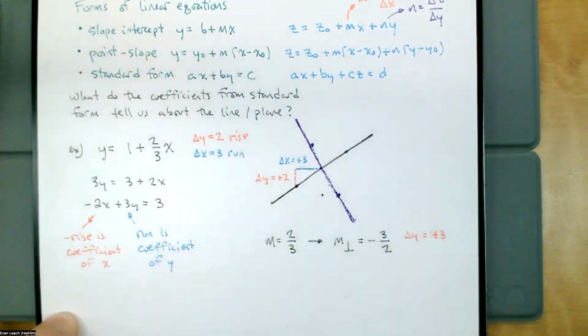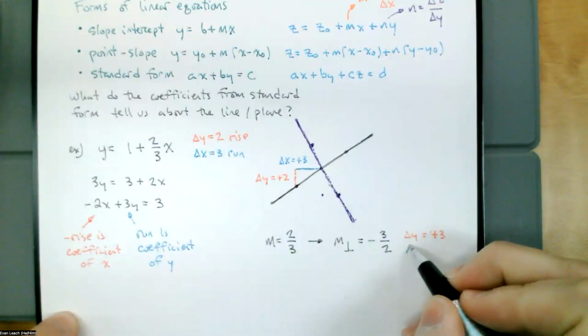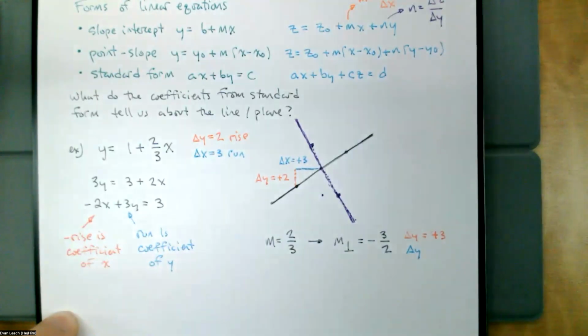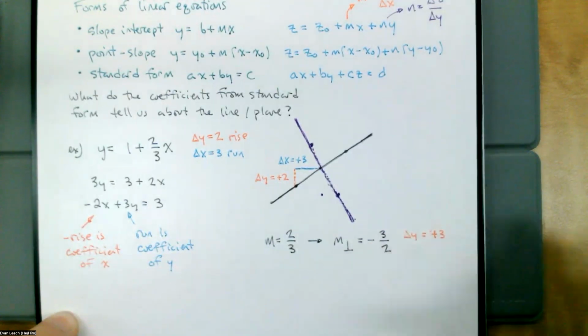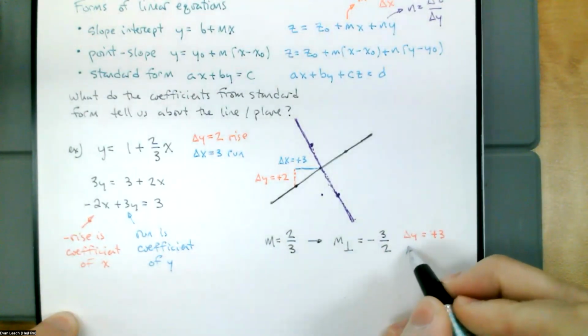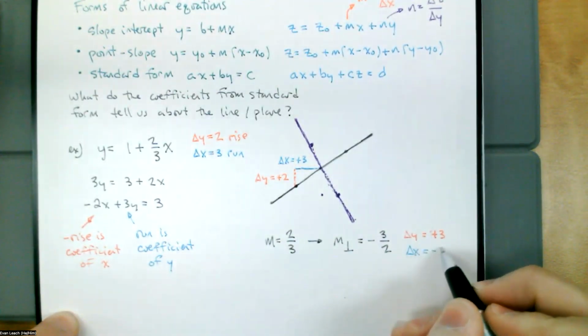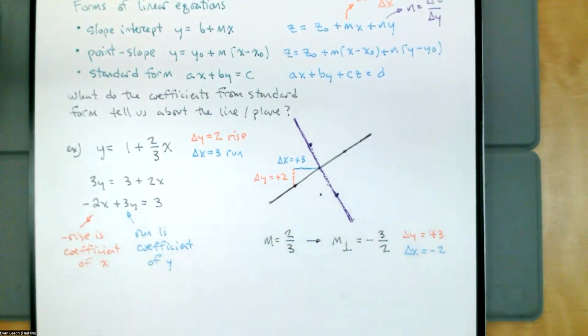And our perpendicular run, I spelled x wrong. Notice that in our perpendicular rise and run, my perpendicular rise, my delta y, is a +3, the coefficient of y. My perpendicular run, -2, is the coefficient of x.